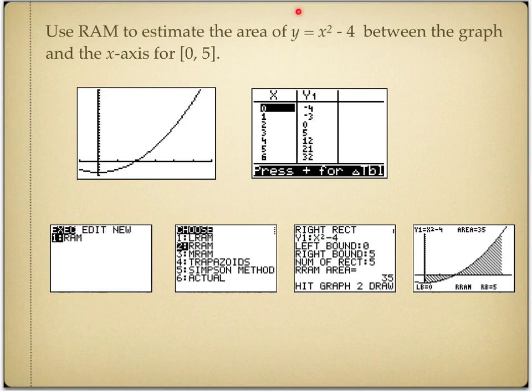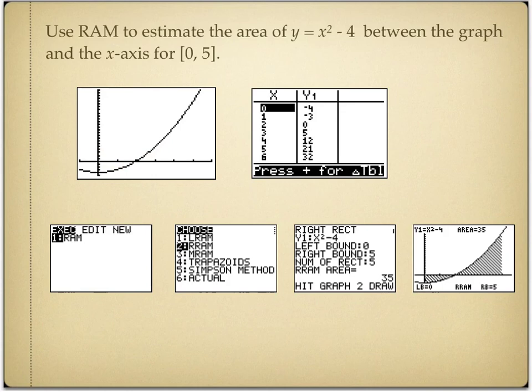Let's say we have the function y equals x squared minus 4, a parabola that's been shifted down a little bit. We'd like to find the area between that graph and the x-axis, say between 0 and 5. One nice thing you could do is enter that function in your calculator and take a look at the table to see some y values.